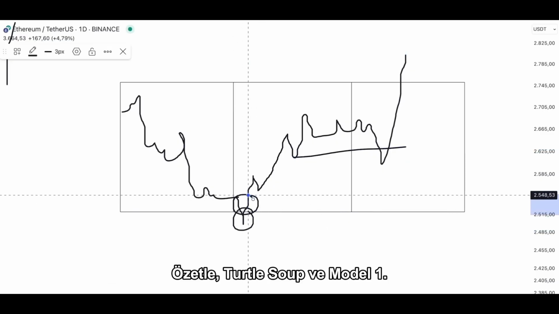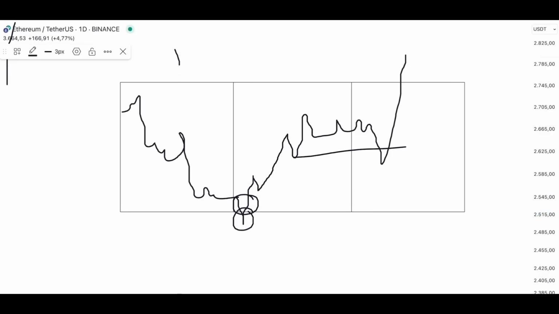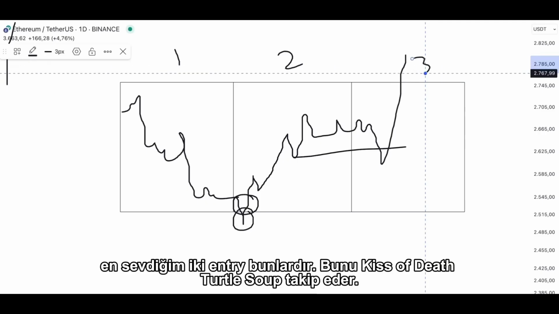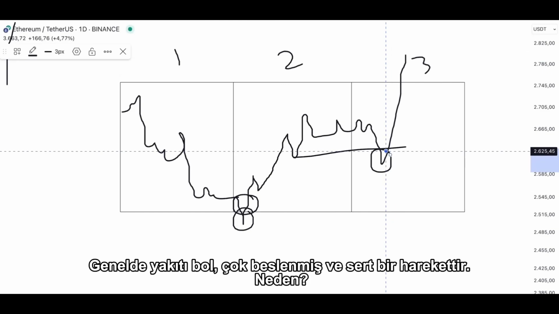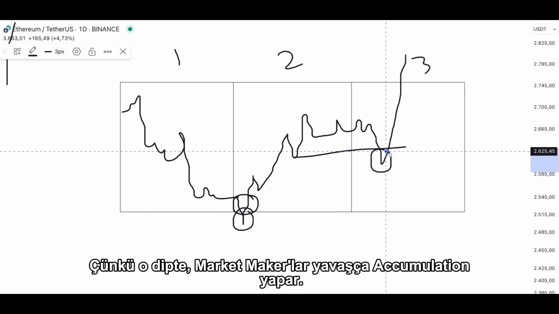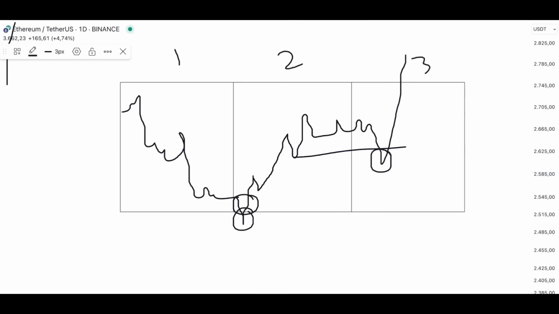These are my 2 favorite entries in this whole cycle of 1, 2, 3, right? Followed by the kiss of that turtle soup, usually a very rich, well-fueled, well-fed move, right? Because down here, smart money, the market makers are accumulating, right?